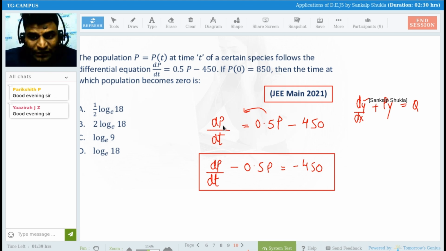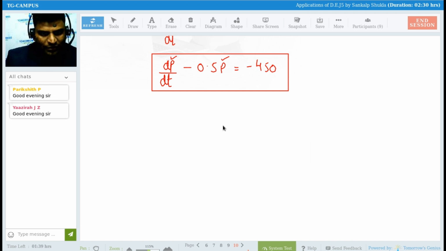So you are having one term of y here, and the coefficient of the term containing y is supposed to be P. So that means minus 0.5 is going to be the value of P. Not this P. This P represents population and that P represents P of the linear differential equation. Please don't get confused.